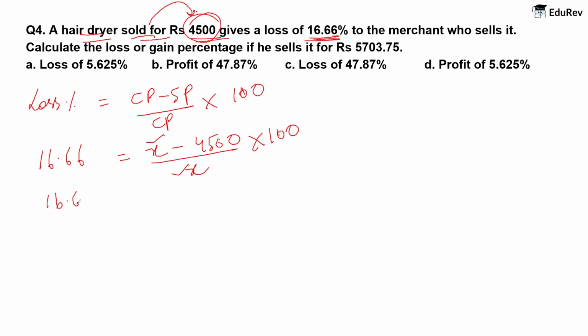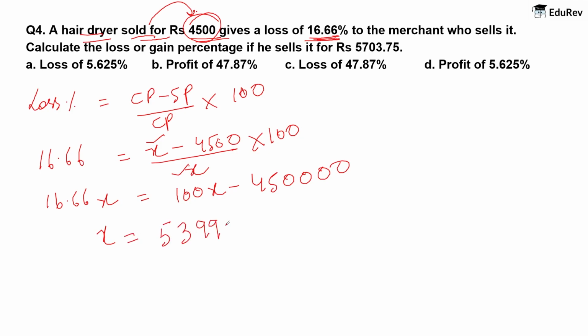So this becomes 16.66x is equal to 100x minus 4,50,000. So this is the equation that we have got. When you solve this, take all the terms of x to one side and then divide by this particular value. When you solve it, you get your x equal to 5399.5 rupees.